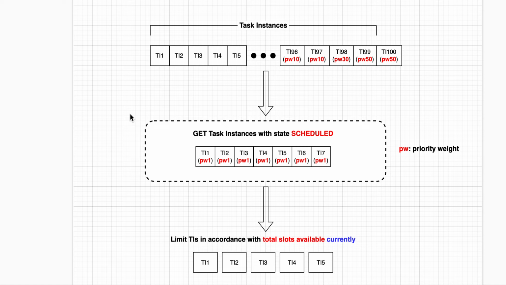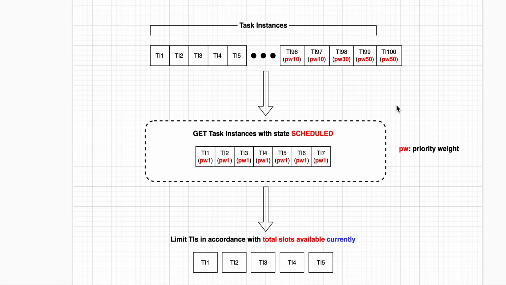In this example, we get task instances with priority weight 1, the default value in Airflow. Meanwhile, there are other task instances with higher priority weight, such as task instances 96 until 100, with priority weights of 10, 30, and 50. However, task instances 1 until 7 have only priority weight 1.